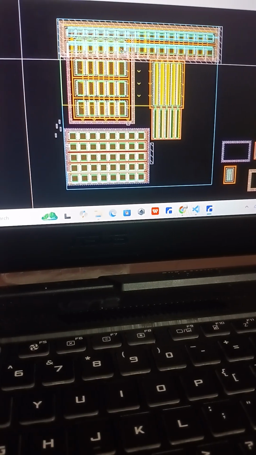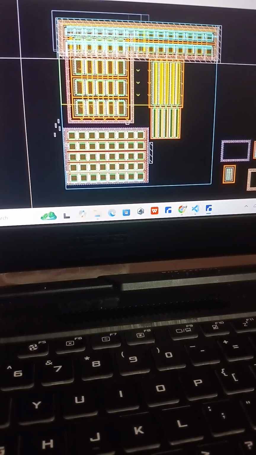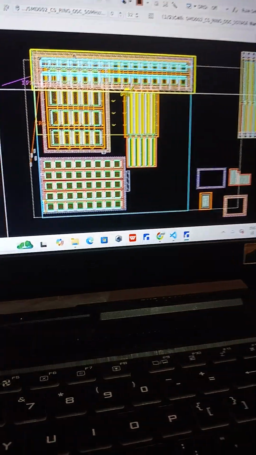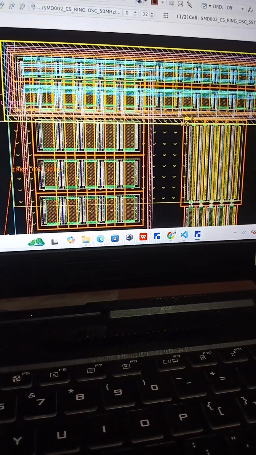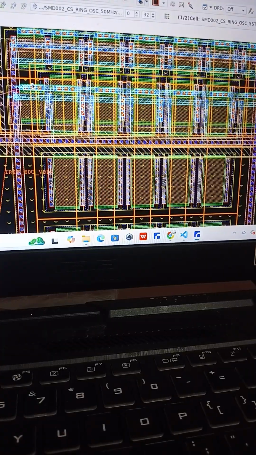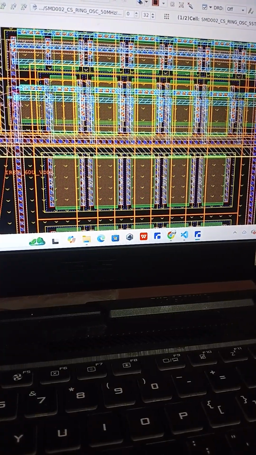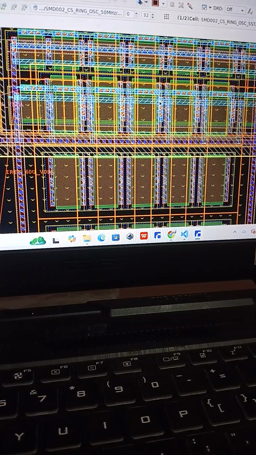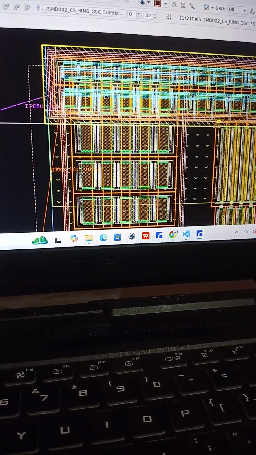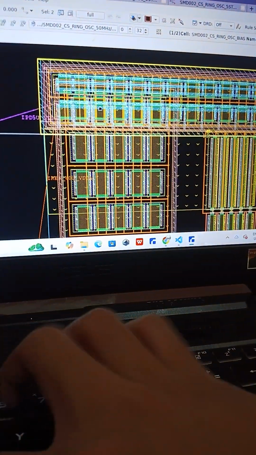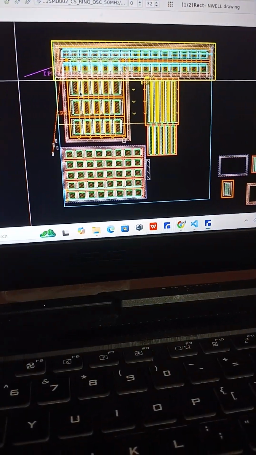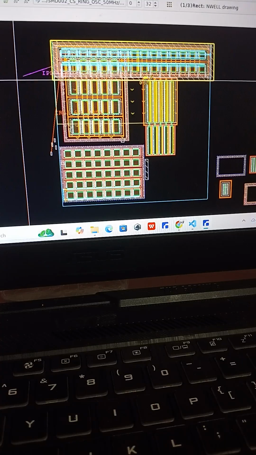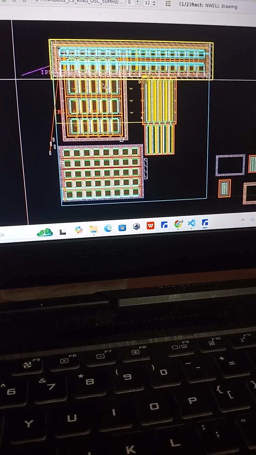And I already finished the connection of the biasing circuit. This is the biasing circuit. I've done the, we call it routing. So routing is actually you connect the drain, source and gates of the transistors. I finished this pretty much, but the hurdle is actually this one. The five stage here, the three stage here.